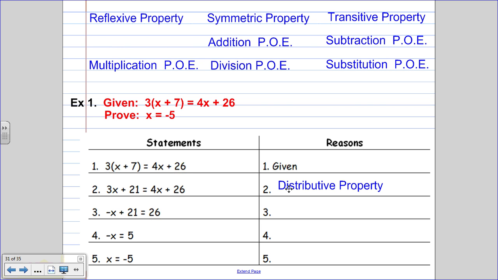Then we have to continue to isolate x. So in the next step, you'll notice I have negative x plus 21 equals 26. So what happened to my 3x and my 4x in order to get negative x? I had to subtract 4x from 3x in order to get negative x. So I used the subtraction property on both sides of the equation.